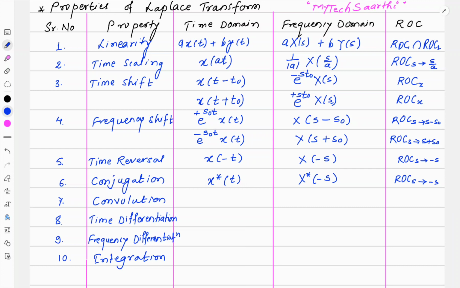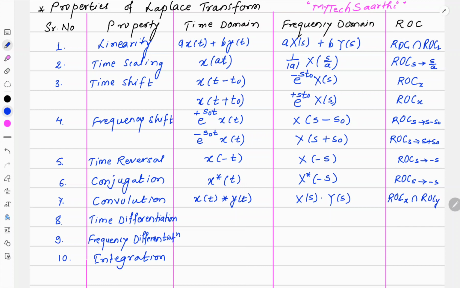Then we have convolution property. If we have signal x of t convolving with, let's say, y of t, then this convolution in time domain is multiplication in frequency domain. So we need to multiply x of s with y of s, and ROC will be intersection of both the signals, so ROC of x intersecting with ROC of y.